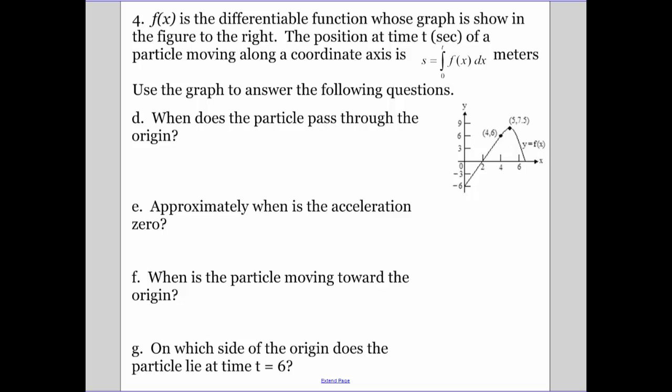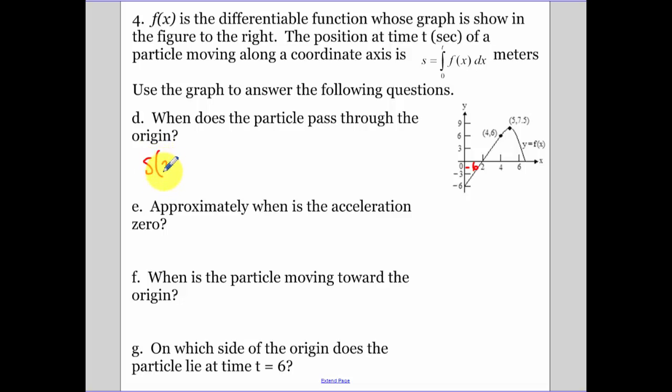Okay, part D. It's the same pieces, I just had a lot of pieces to this. When does the particle pass through the origin? Basically, when does this area, my position under here, this area was -6. At 2, I'm at -6. We just talked about that.